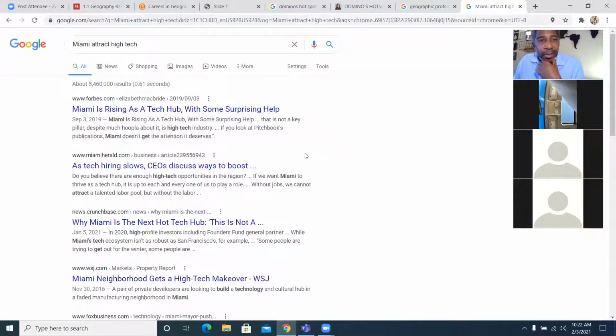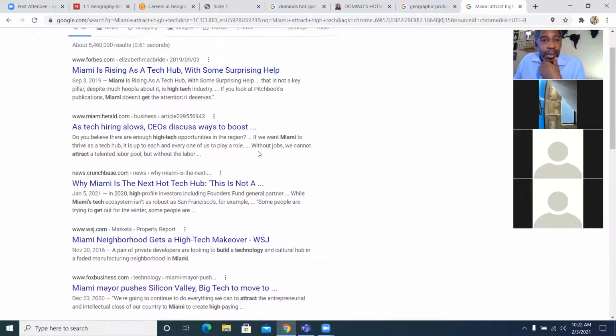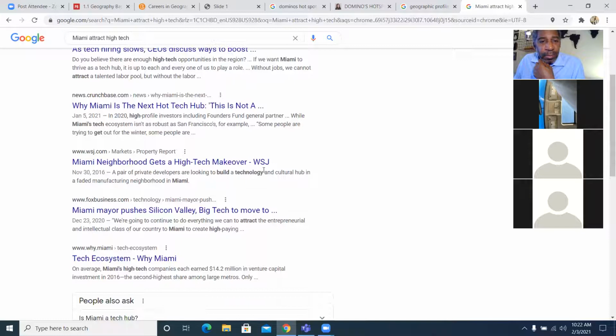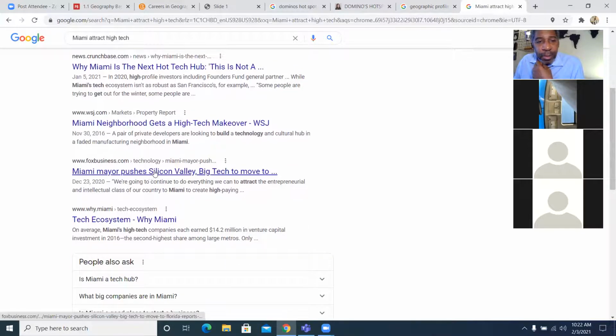So here it is. This is Miami rising as a tech hub. Why Miami? This is from January 5th. Why Miami is the next high tech hub. Miami mayor pushes Silicon Valley big tech to move to Miami.